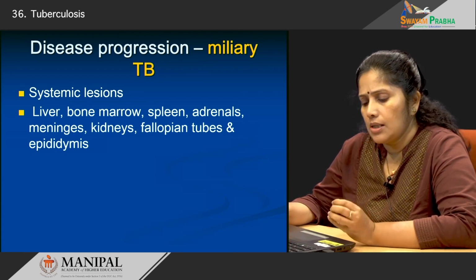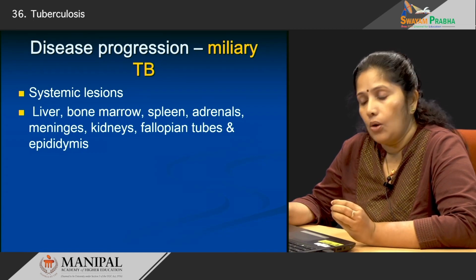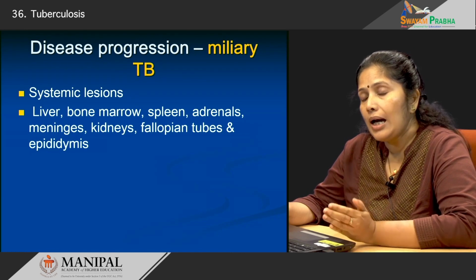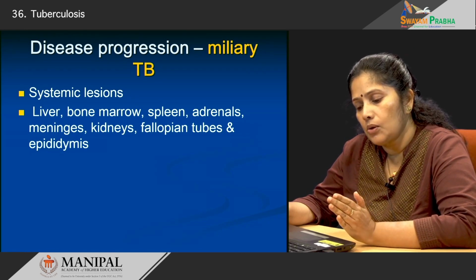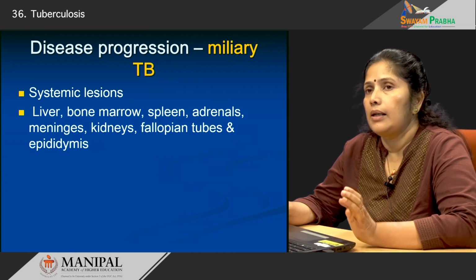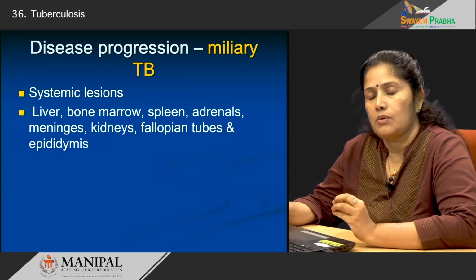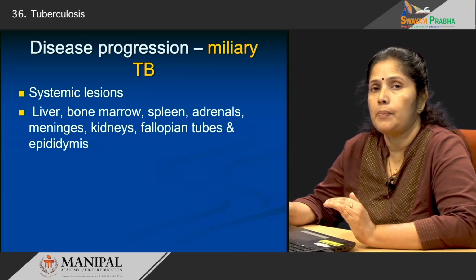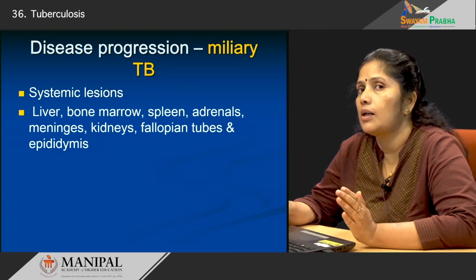So, how does microscopy or gross of these patients look? Now, if you look at primary and secondary tuberculosis, we spoke of single lesions in the lung. In primary tuberculosis, it was a subpleural lesion, which was in the upper part of the lower lobe or lower part of the upper lobe.